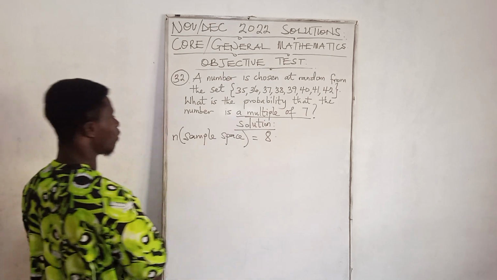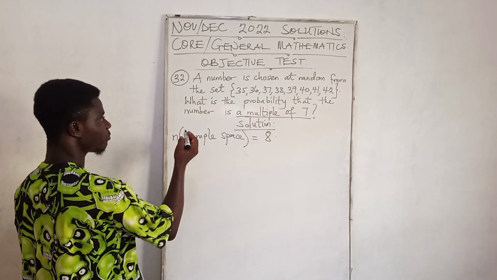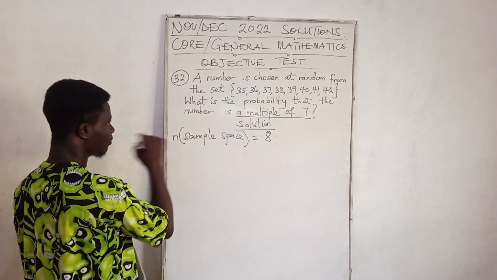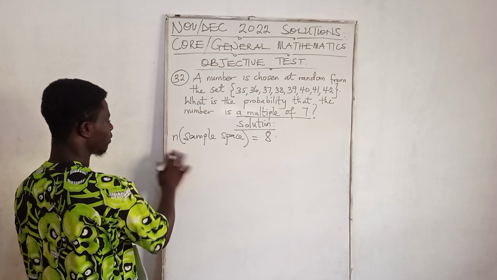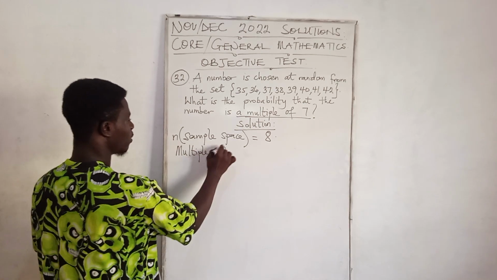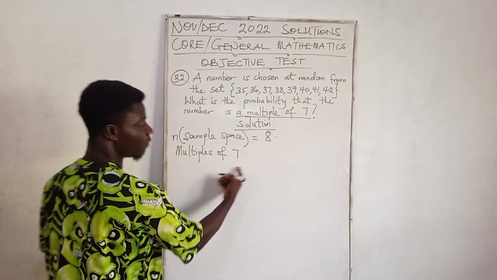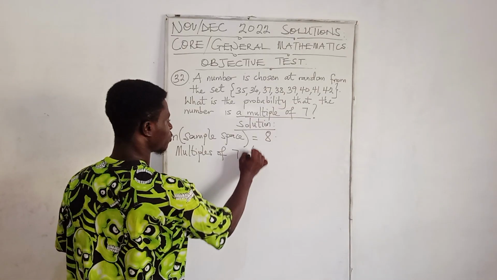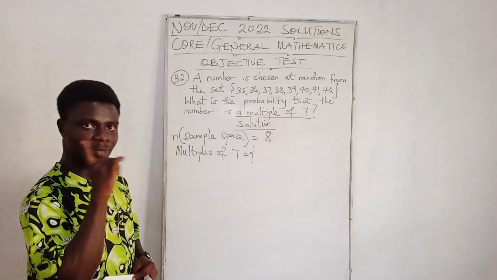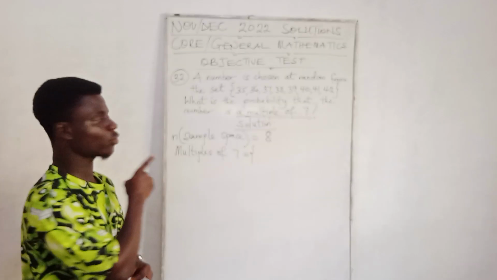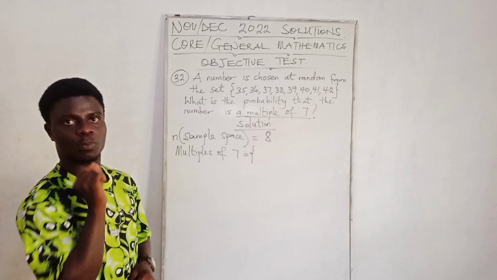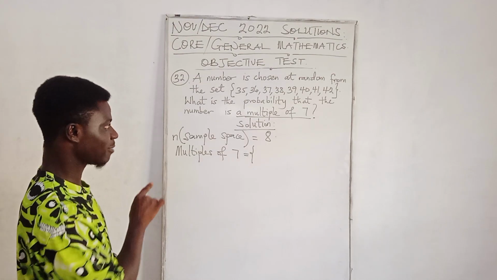So these are the events we are interested in, multiples of 7. Remember, when you list the event, make sure it's a subset of the possible outcomes. That means we don't go beyond these possible outcomes.